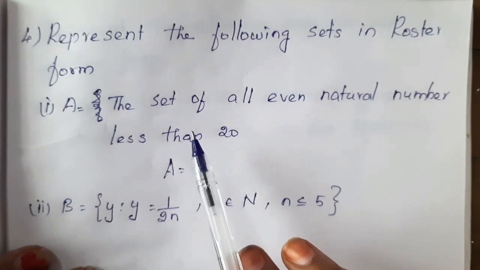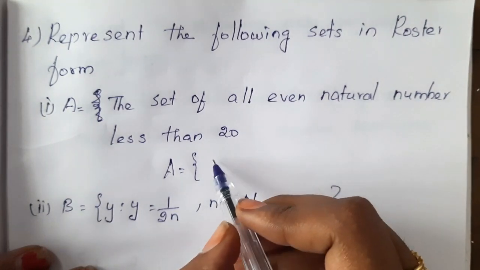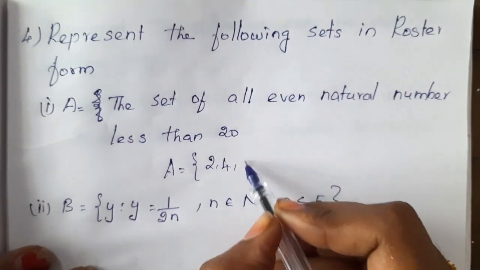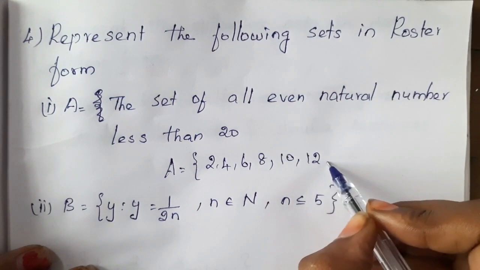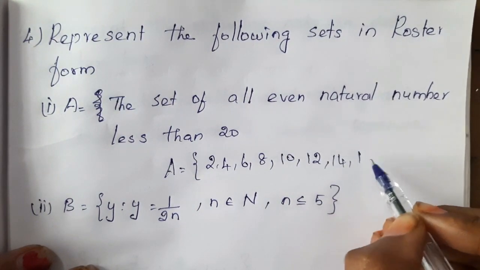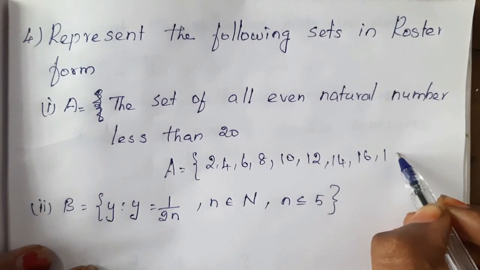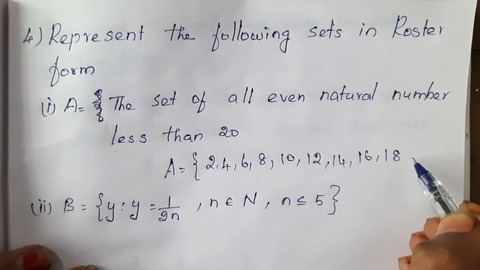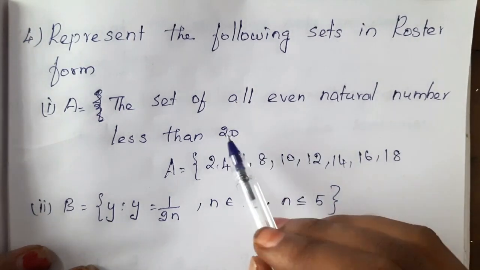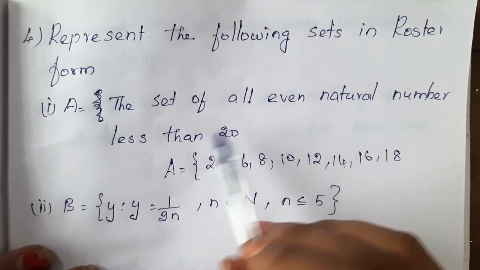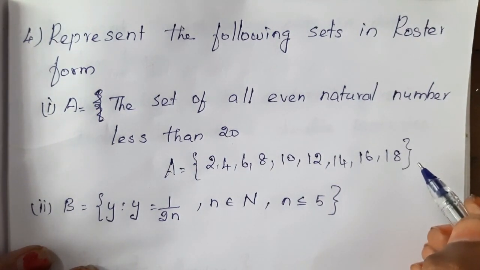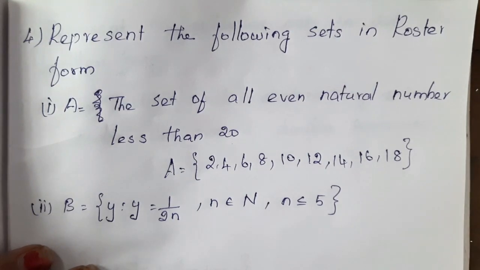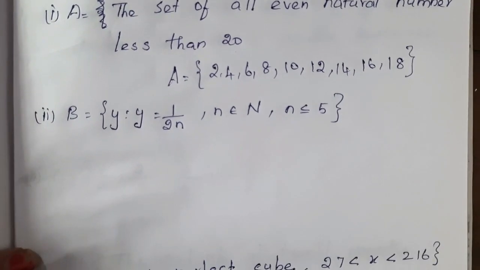You can write that 2, 4, 6, 8, 10, 12, 14, 16, 18. The next number is 20, but we don't need that. They ask only the numbers less than 20. So we can stop at 18. Clear now? Okay, next we can go to the next one.